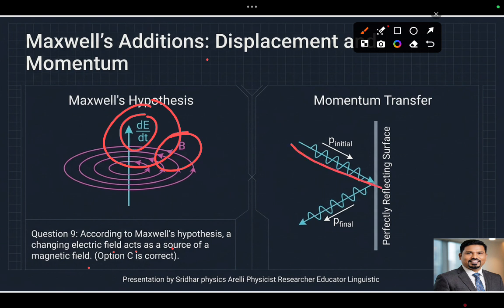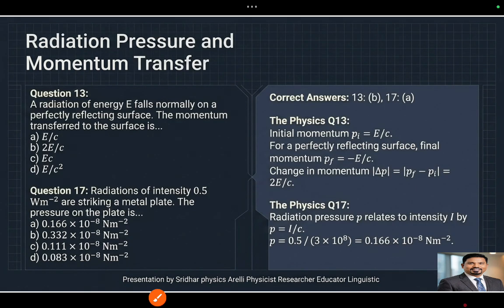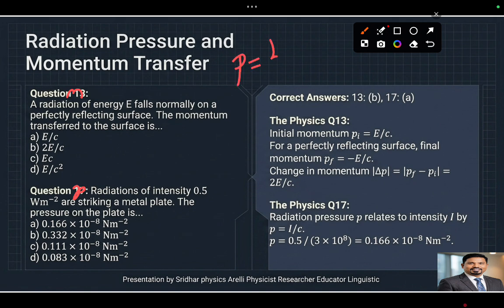And here, momentum initial and momentum final: how is momentum transferred? This relates to radiation pressure and momentum transfer. A radiation of energy E falls normally on a perfectly reflecting surface. The momentum transferred to the surface is, see here, momentum P equal to E by C. So initially P i equal to E by C for the perfectly reflecting surface.